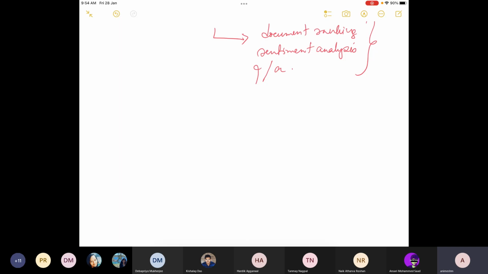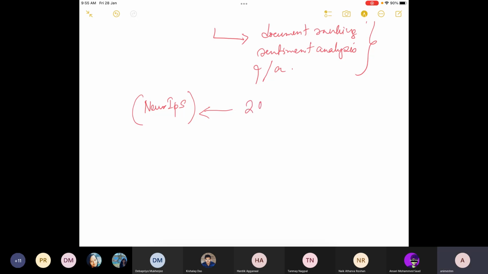Okay, however, there was a paper written in NeurIPS. So this is one of the very well-known conferences in AI, and especially in the deep learning community.